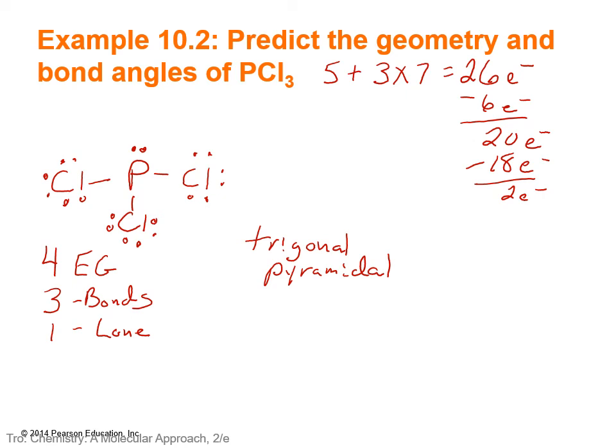Trigonal pyramidal, that lone pair ends up repelling the bonds just a little bit. So if it was a perfect geometry of tetrahedral, our bond angle would be 109.5. Because we have a lone pair, the bond angle is going to be less than 109.5.